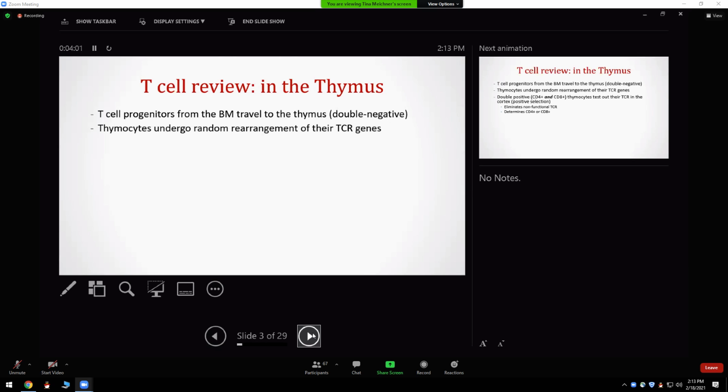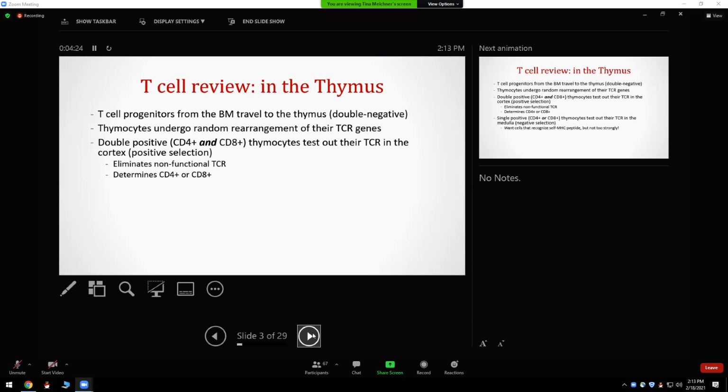They use a random rearrangement of different segments in their T cell receptor, the receptor that recognizes the antigen, to add a lot of diversity to different types of T cells. We call this random rearrangement of T cell receptor genes.